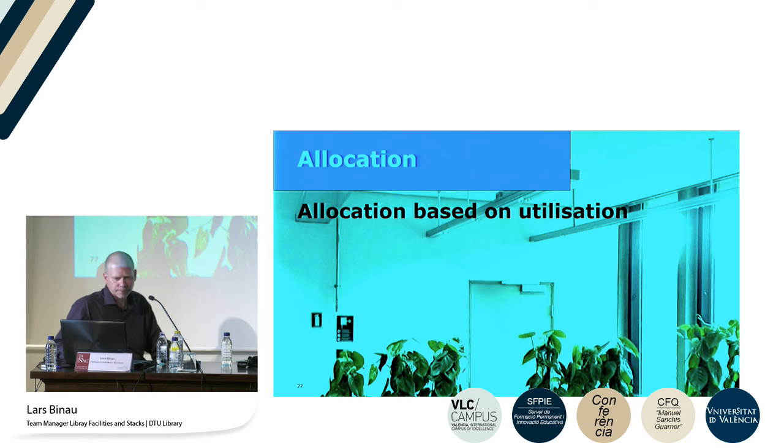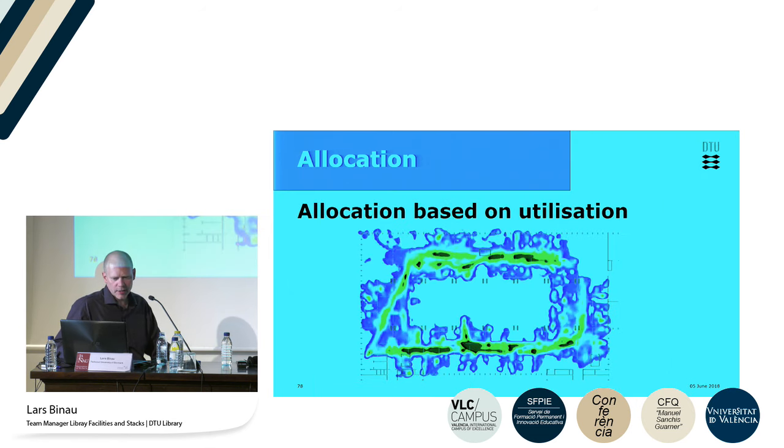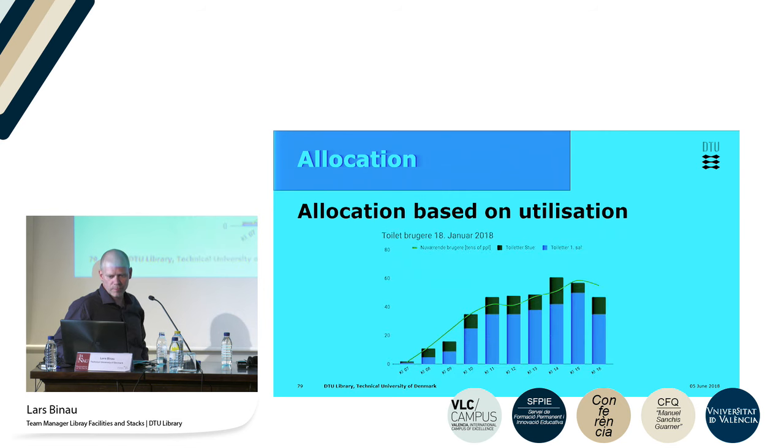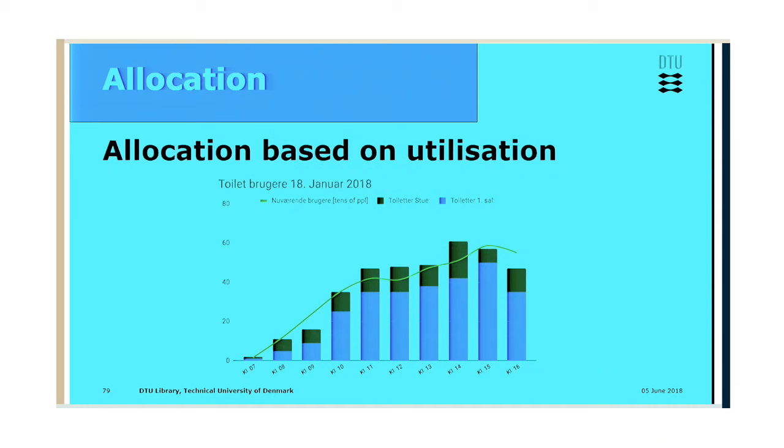In January. Right here in the corner, you can actually see the entrance to the toilets on the 3 floors. So we try to count how many times the toilets have been used. And the yellow line is actually how many people are using the whole library, times 10.